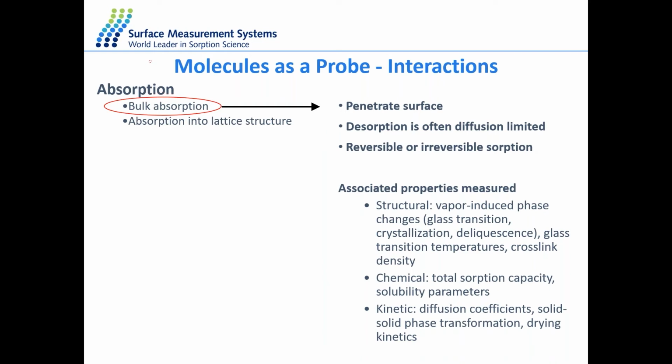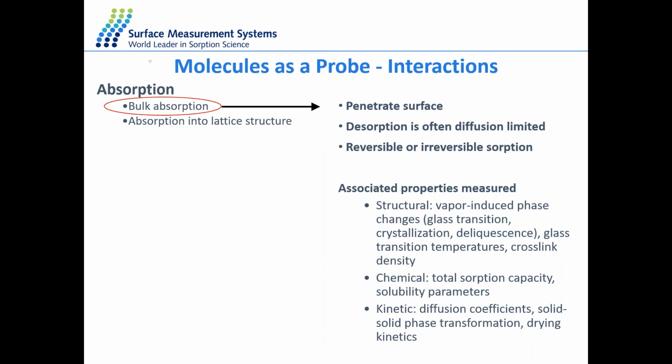That requires more time and shifts the equilibrium condition. The information that we can get from this type of interaction includes glass transition, the deliquescence point, but also phenomena of diffusion and permeability, which we can calculate using DVS.